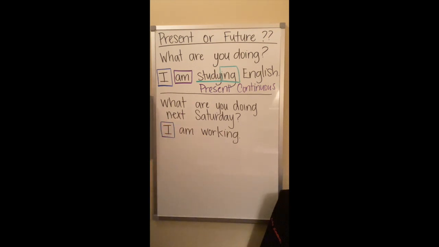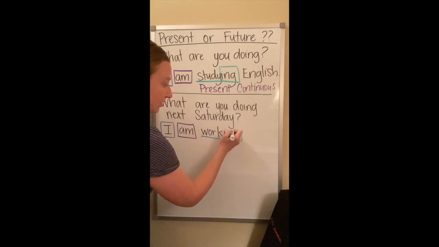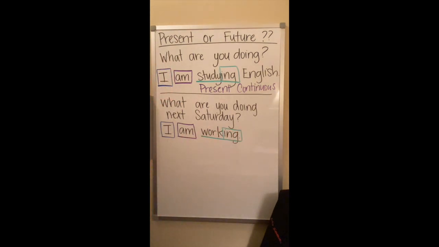subject, the verb to be, and then our verb with ing. Okay, I am working. Now, if I did not know the question or the context or the situation, and I only had this sentence, I might be able to say that this is present tense, present continuous, happening right now.